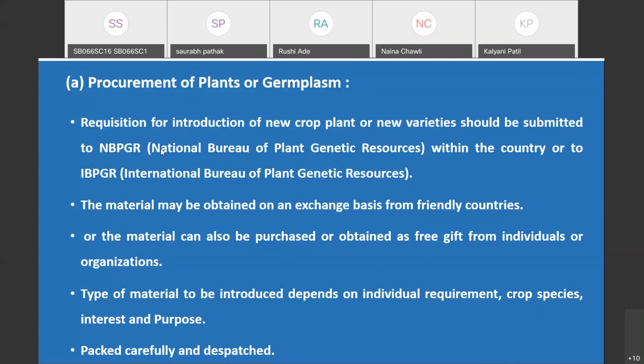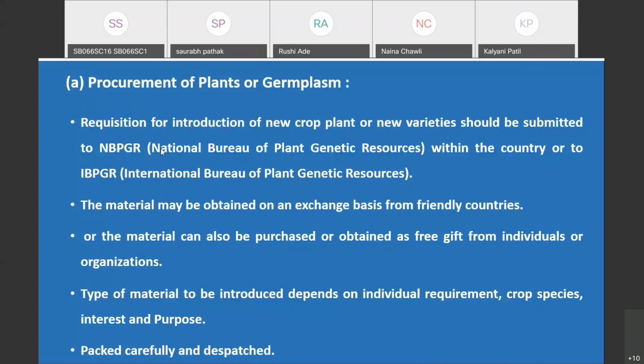There are two routes. The first route is that the institution or the individual makes a direct request to the individual who has the desired germplasm.